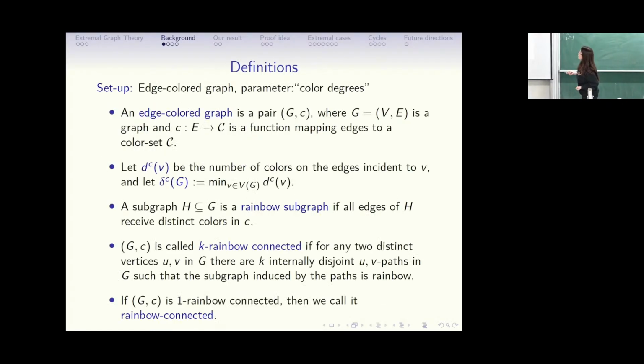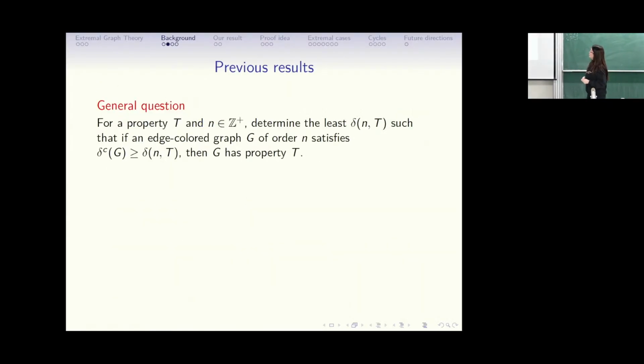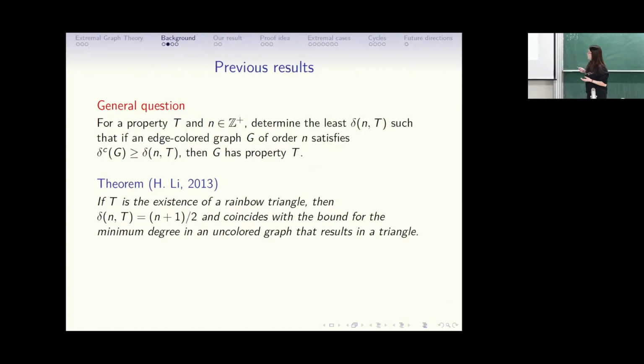Okay. And a general question in this setup can be stated in this way. For a property T and a number n, determine the least delta in terms of n and T such that if an edge-colored graph G of order n satisfies the minimum color degree at least delta, then G has property T. And there is a variety of previous work in this setup.